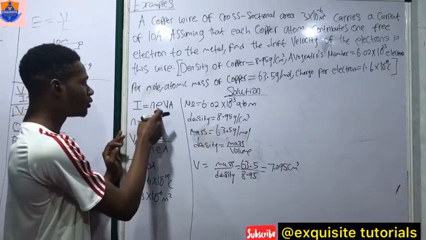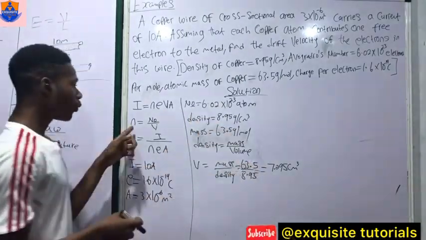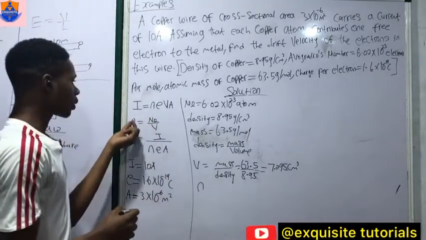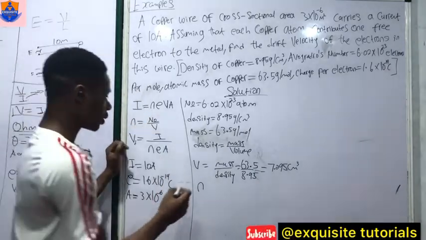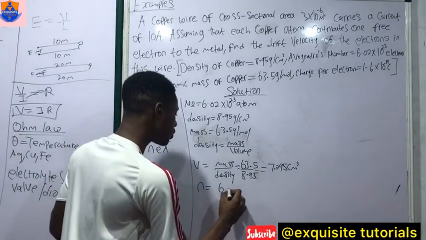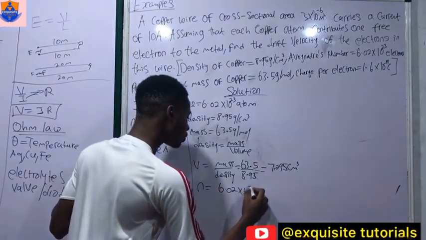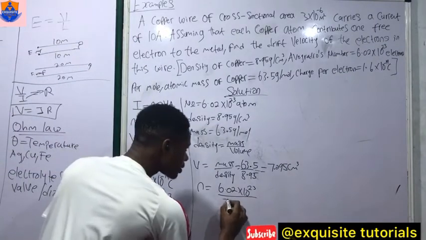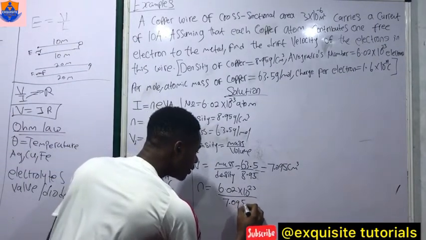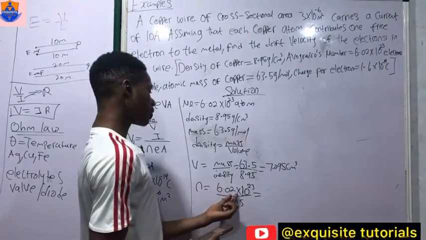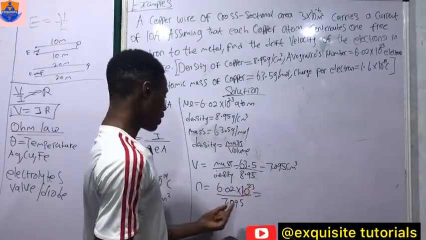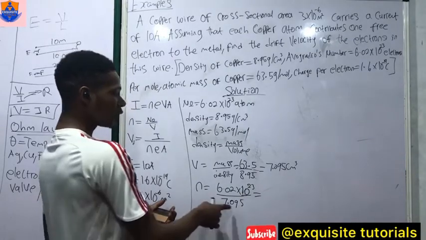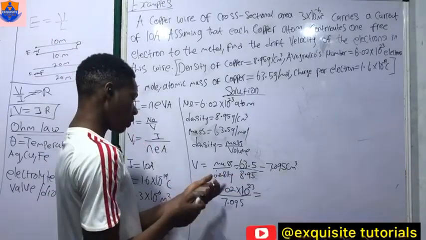Let's now take the ratio of this and this to find the number of atoms. Number of atoms, which is N naught over V, is equal to 6.02 times 10 to the power of 23 divided by the volume, 7.095. Now, mind you, this volume is in centimeter cube. Now let's divide.